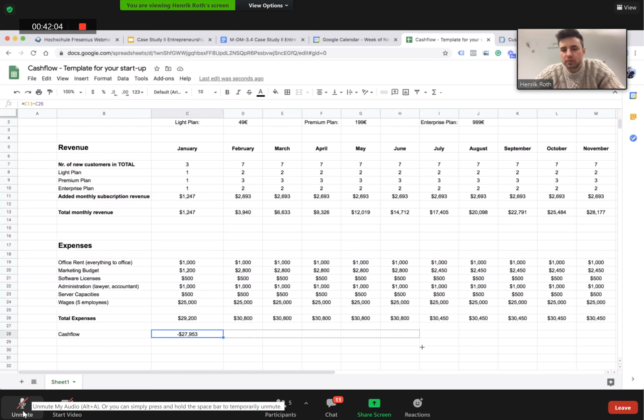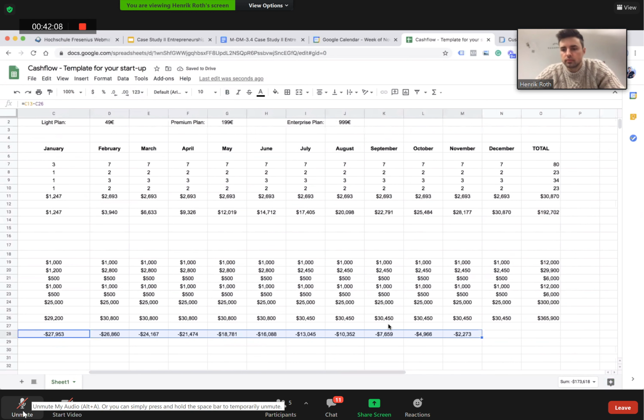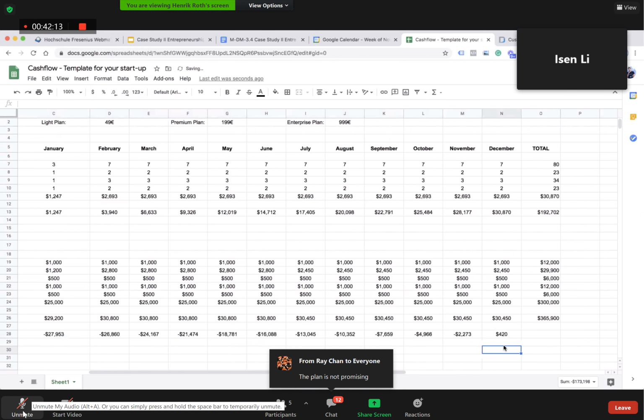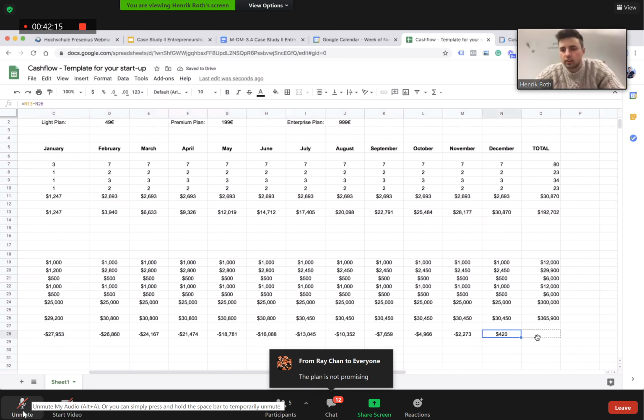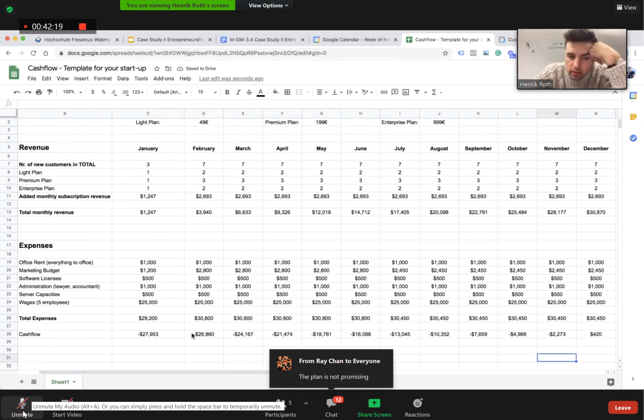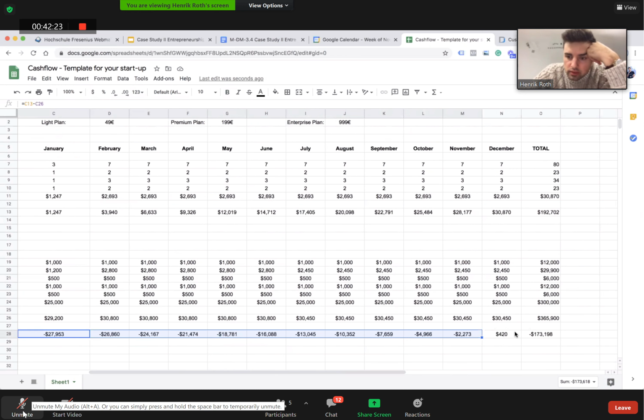So this we will do now for the whole year. Correct. So here you see now the whole year is negative, negative, negative, negative until December. Here we have the first month where we have the cash flow break-even point, right?